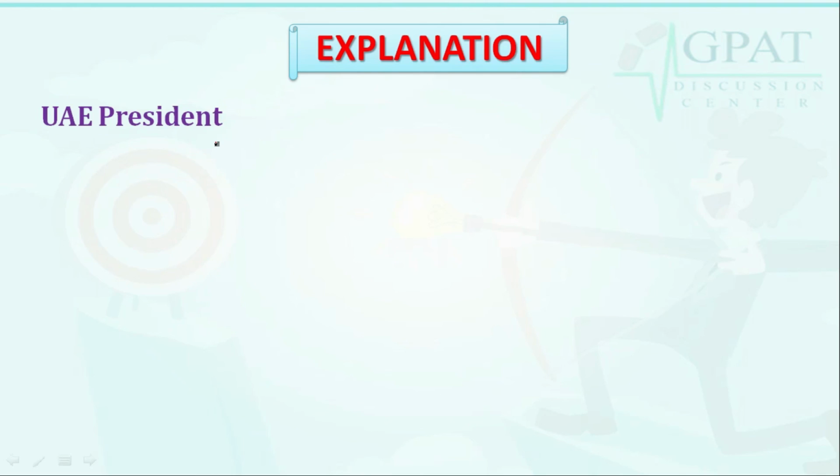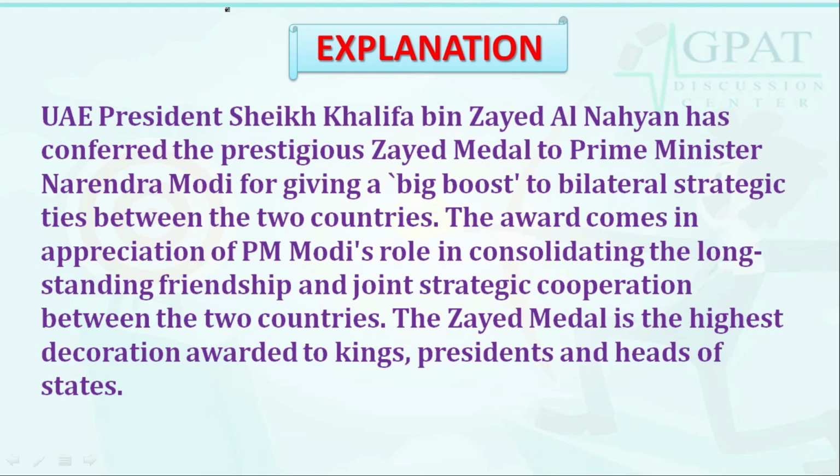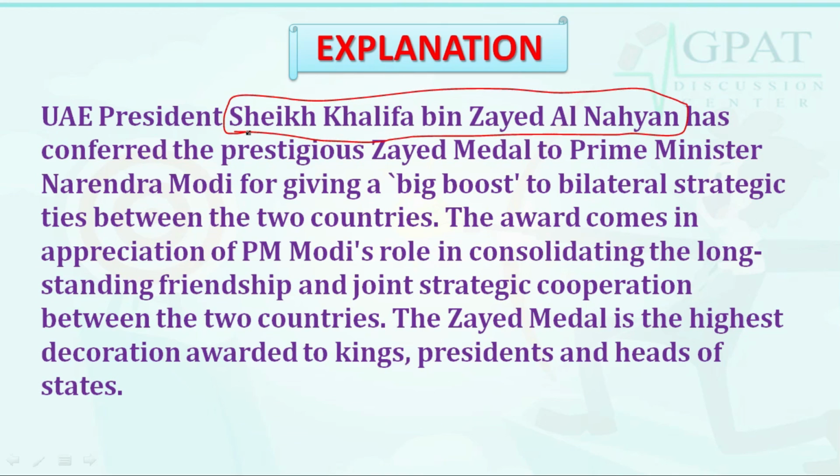Let's discuss with the help of the explanation. The UAE President Sheikh Khalifa bin Zayed Al Nahyan, students, just memorize this, conferred the prestigious Zayed Medal on Prime Minister Narendra Modi for giving a big boost to bilateral strategic ties between the two countries.